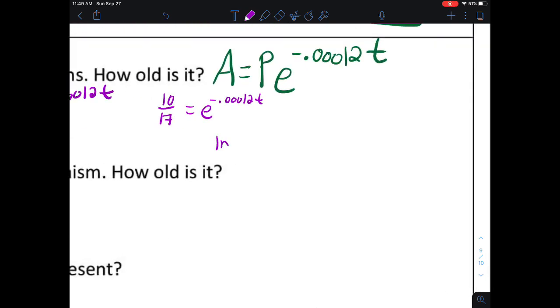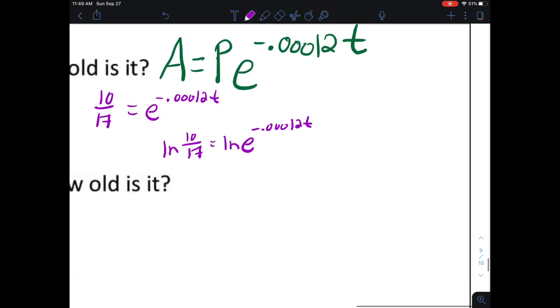I take the ln of both sides from here. So we'd have the ln of 10 over 17 is equal to the ln of E to the negative 0.00012 T power. Bring the exponents out front using our properties of logs. So we'd have the natural log of 10 over 17 is equal to negative 0.00012 T times the natural log of E. ln of E is 1.